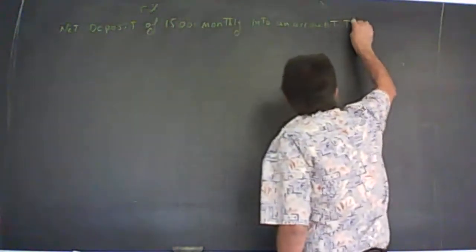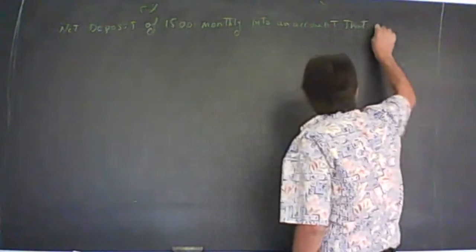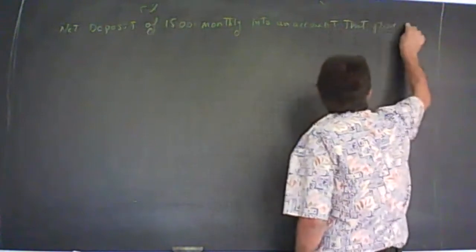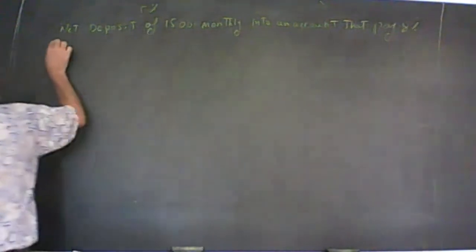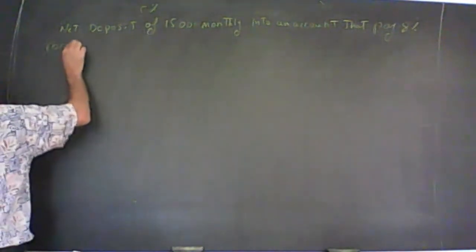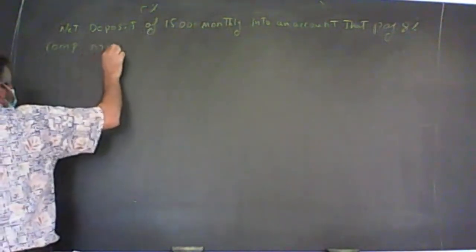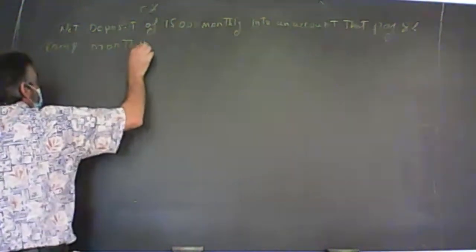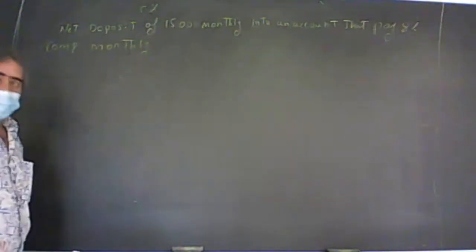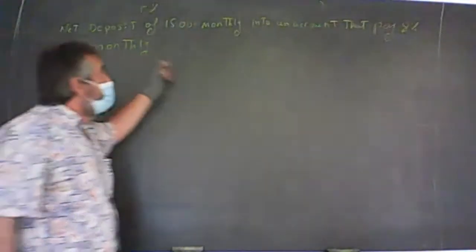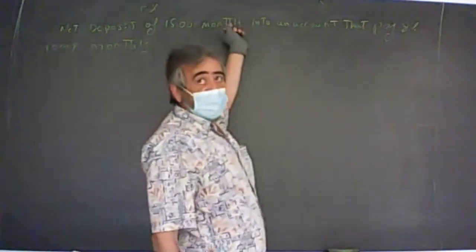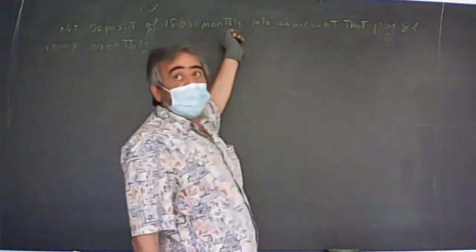Into an account that pays, say, 8% compounded monthly. Notice, compounded period, and the deposits are exactly what?